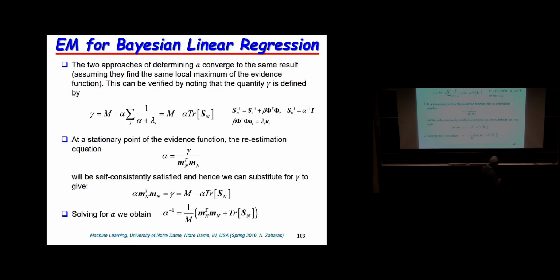If somehow you have reached self-consistency and you take the equation for gamma and you plug in the value that you get for alpha and you rewrite them, you actually get the same identical equation as with expectation maximization. All right?